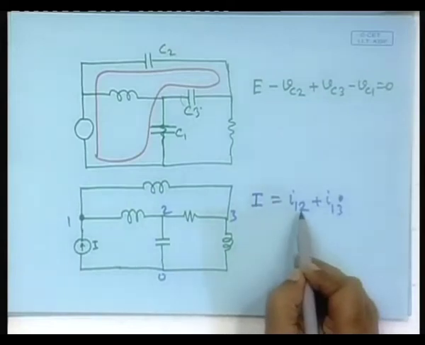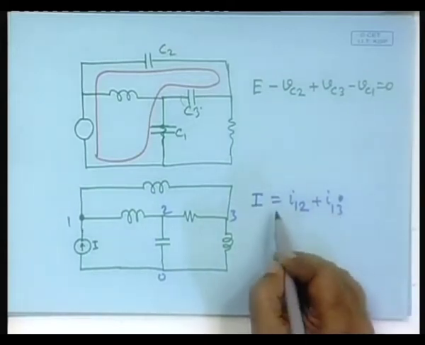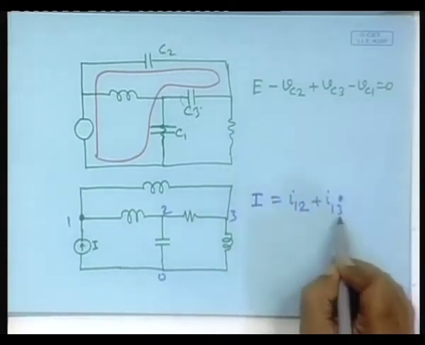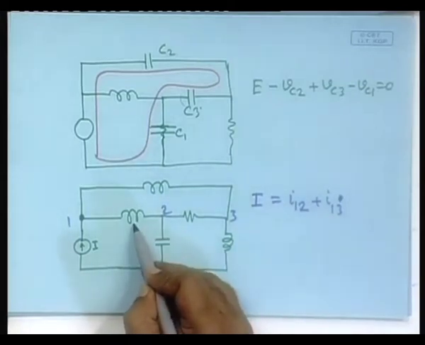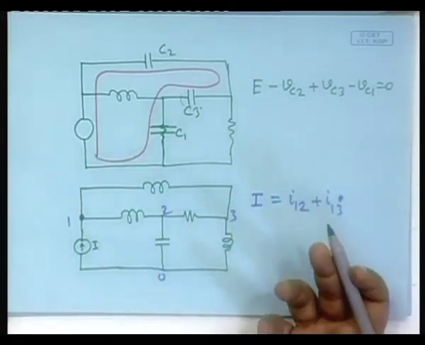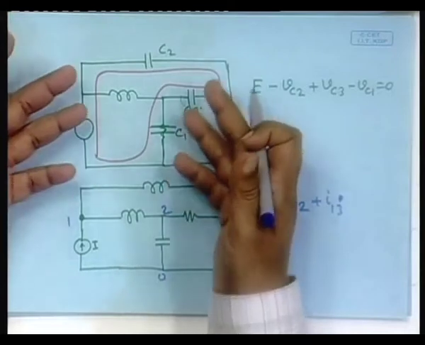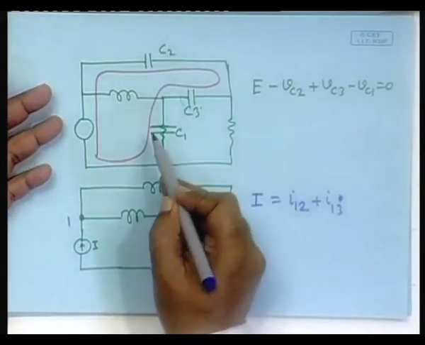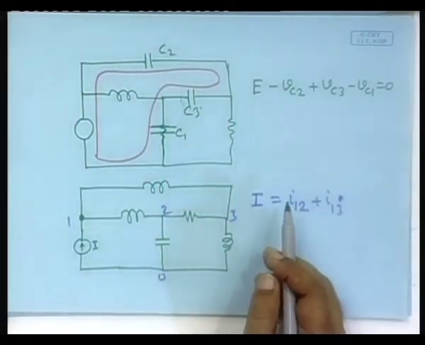Obviously, or I minus I12 minus I13 is equal to 0, whatever it is. This immediately means that these two inductor currents are not independent variables. So, if you have a circuit like this, then the inductor currents no longer remain independent variables. If you have a circuit like the earlier one, the capacitor voltages no longer remain independent variables.